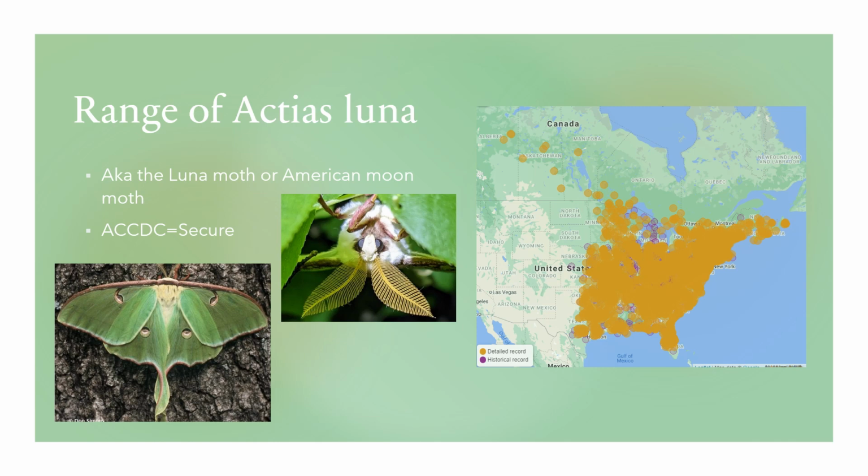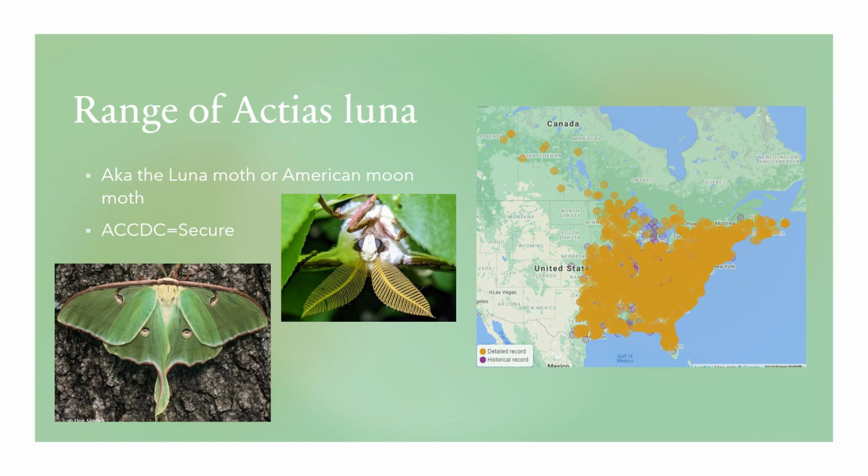Alright, for my first example I've got the range of the Luna moth, or the American moon moth, as it's also known. The ACCDC has this moth considered secure on PEI, from what I found on their website. This is a picture of the little guys here, these two.